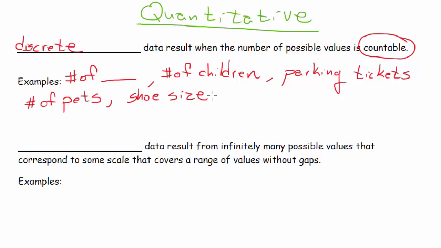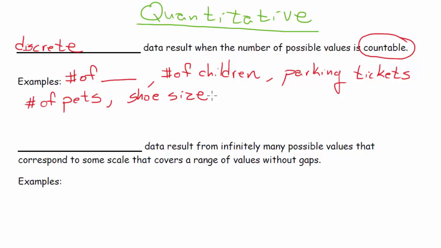All right, shoe size would be discrete because I can count the number of possible shoe sizes. 7, 8, 8.5, 9, 10, 13.5, and so forth. I can count the number of options, but for this particular example, shoe size, it does make sense to have a 7.5. So it's not necessarily a whole number here. But that generalization will work for you most of the time.